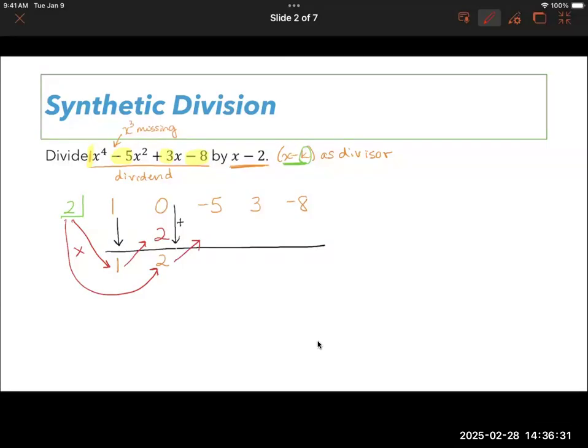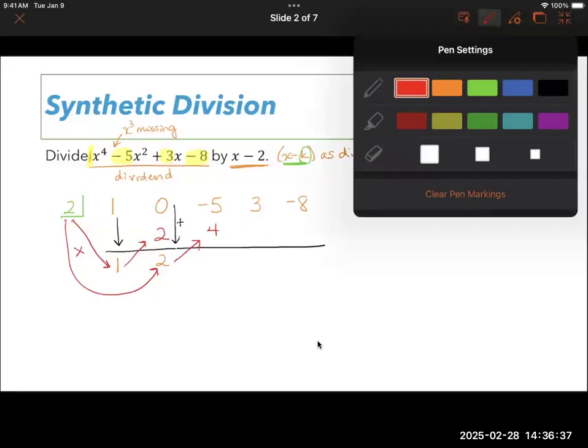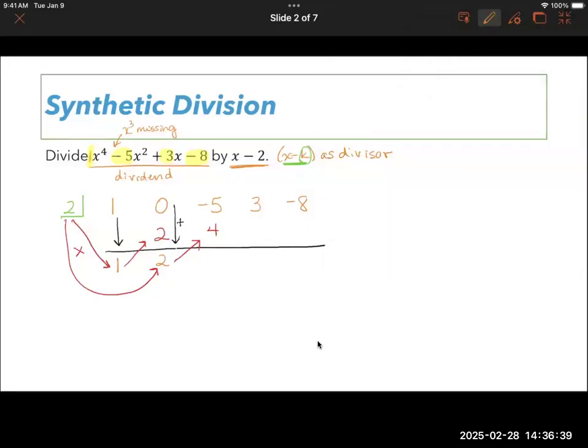So 2 times 2 is going to give us 4. And then you just keep repeating that process until you've gotten through all the columns. So now we're going to add the column. Negative 5 plus 4 is negative 1.